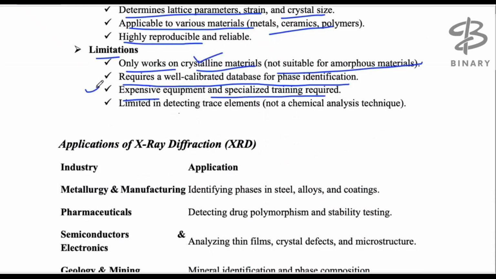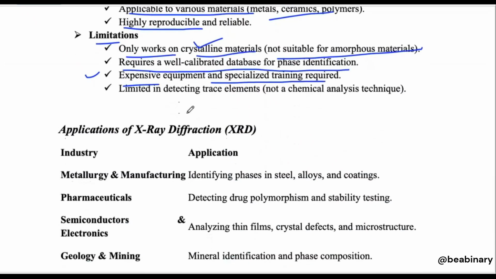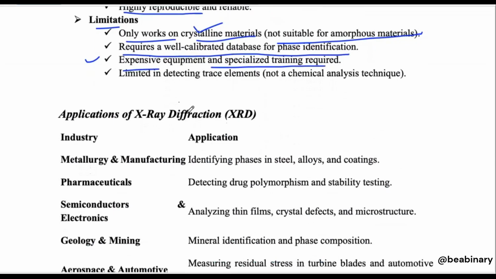They require more skill, more highly expensive equipment and more highly experienced persons who can do that inspection. So as we move downward inside the slides, for whatever technique we have studied until now, these are all just limitations.